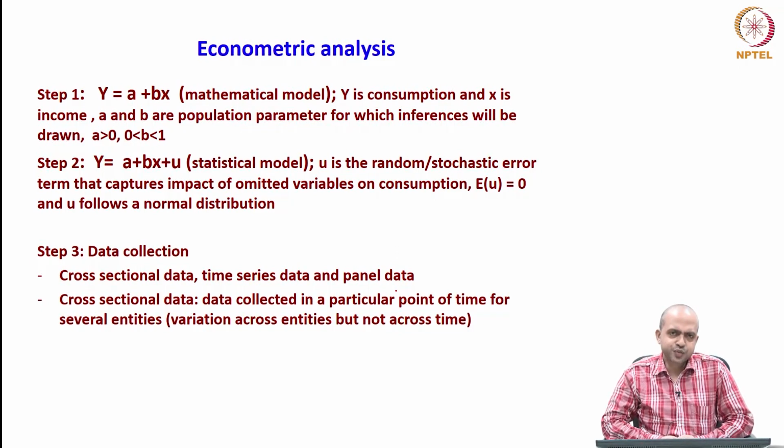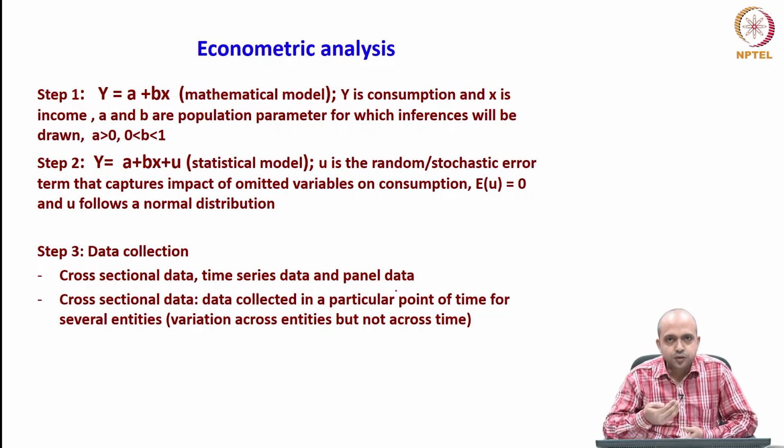Cross sectional data is basically data collected across several individuals, but for a particular period of time. For example, if we are interested in consumption function, let us say that we are collecting income and consumption data from 500 individuals residing in Chennai in a particular point of time, let us say in November 2020.